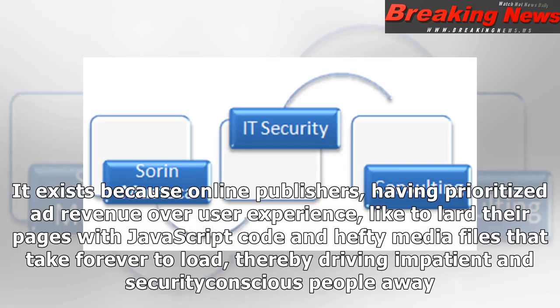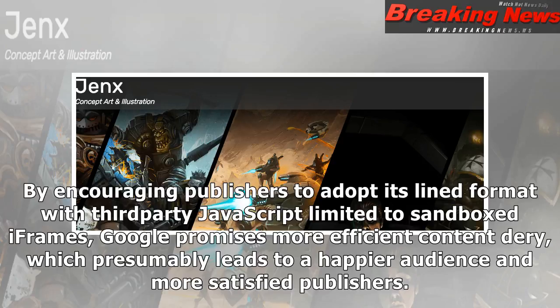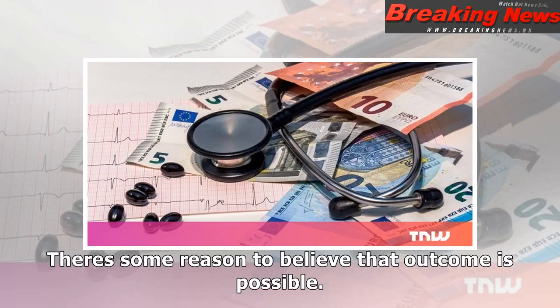It exists because online publishers, having prioritized ad revenue over user experience, like to load their pages with JavaScript code and hefty media files that take forever to load, thereby driving impatient and security-conscious people away. By encouraging publishers to adopt its limited format, with third-party JavaScript limited to sandboxed iframes, Google promises more efficient content delivery, which presumably leads to a happier audience and more satisfied publishers.